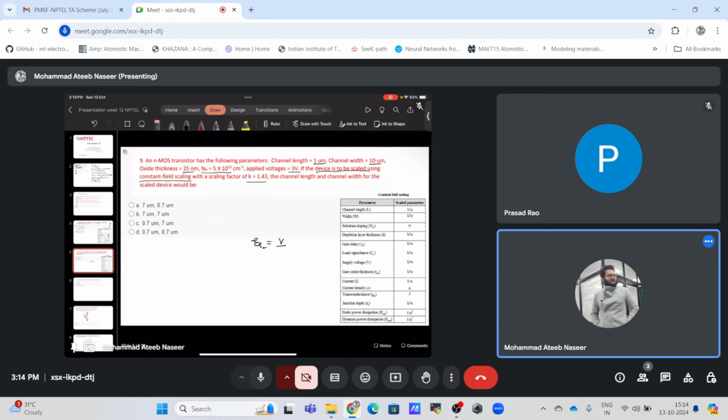Or if it is some constant field I am talking about, let's talk about a general field, but not in the semiconductor for the time being. So it will be some V in one dimension divided by L. I'm talking of the 1D case. Let's assume for the time being this is just a bar.